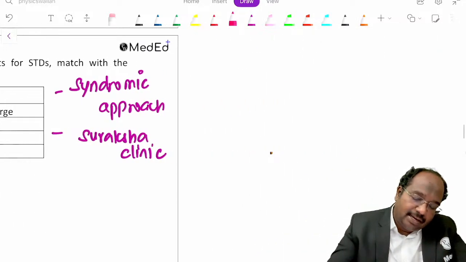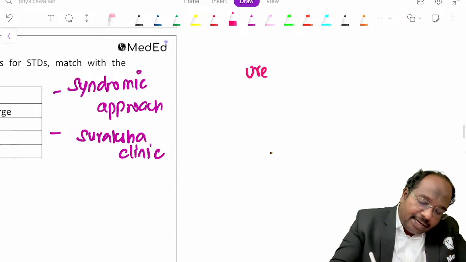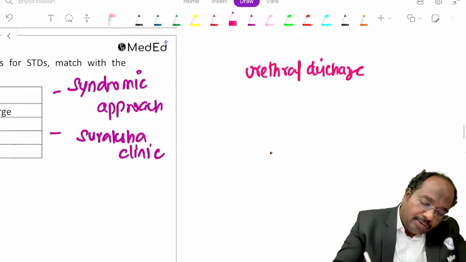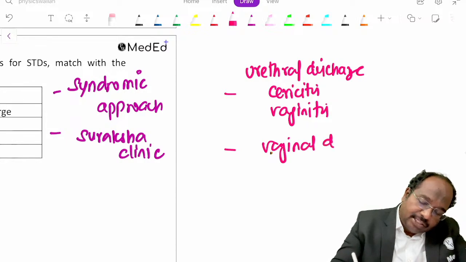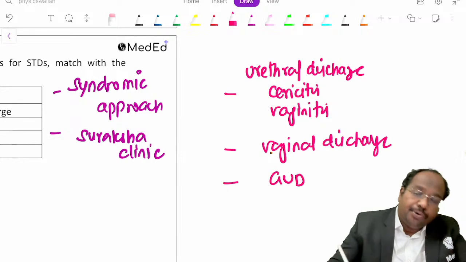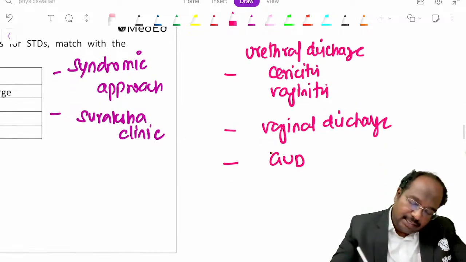So what are the conditions we have? Urethral discharge. Cervicitis. Vaginitis. This is one category. Vaginal discharge is there. GUD, genital ulcer disease.